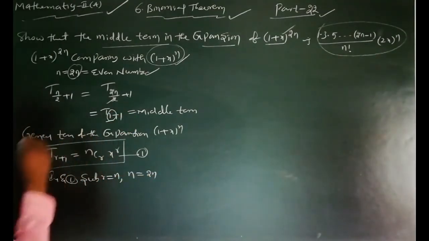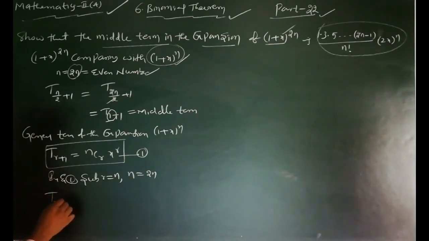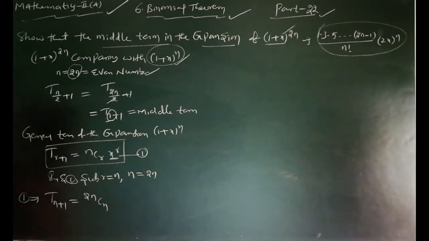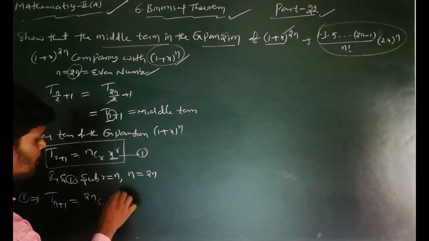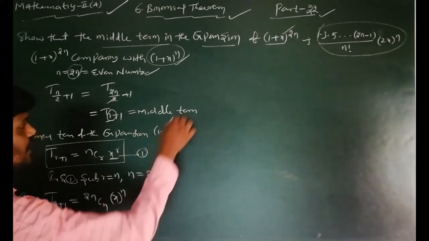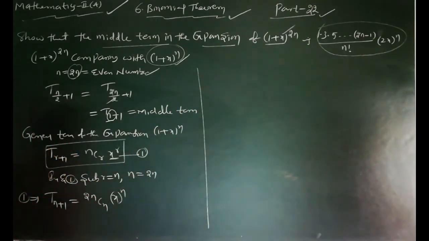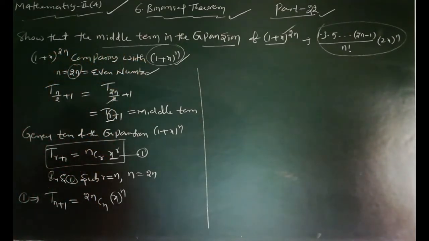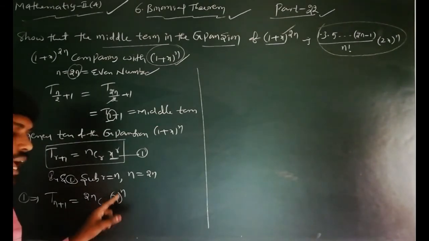After substituting, you get T(n+1) equal to 2nCn x^n. This is the general term, x power r with r value n, x^n. The general term of (1+x)^2n is 2nCn x^n.